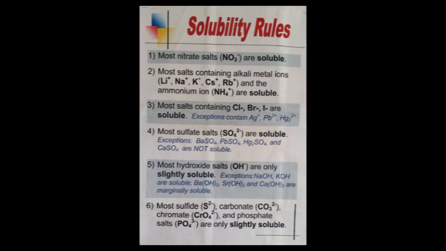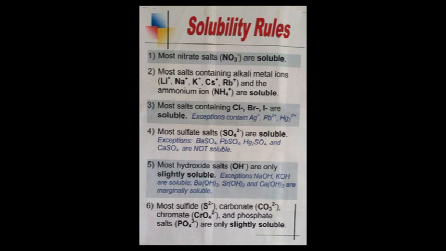And barium, you see some of the other ones down there, calcium, barium, are going to be not soluble. That's what we mean when we say marginally. And then finally, sulfide, so it's just a sulfur attached to it, carbonate, chromate, phosphate, again, only slightly soluble. What that generally means is you can count them as non-soluble.